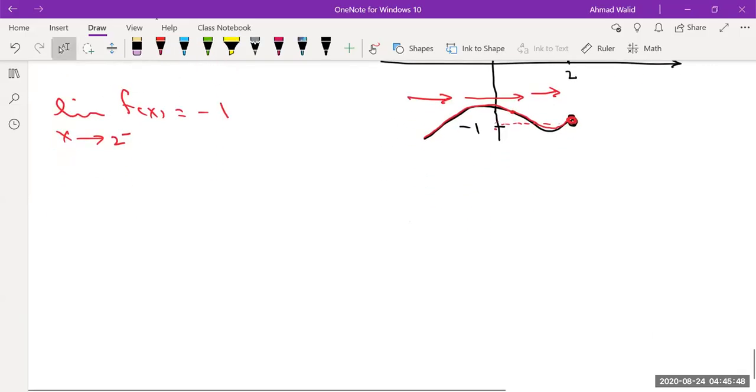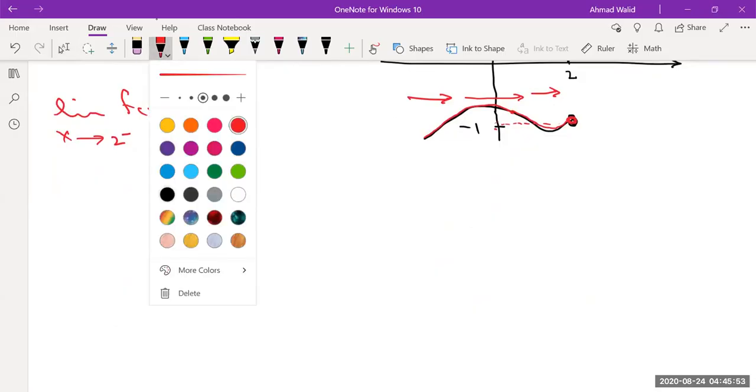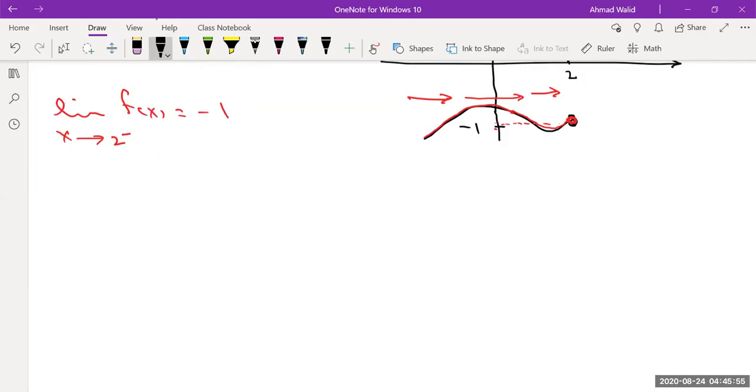Now a note. This note is really, really important. Let me put here even note.